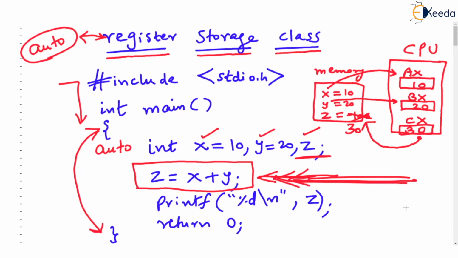Now, this particular transferring the values into register and then again writing back the value of the register into the memory takes some time. Although when I say it takes some time, it is less than 1 nanosecond. It's very fast. In fact, CPU itself is the fastest component of our machine.